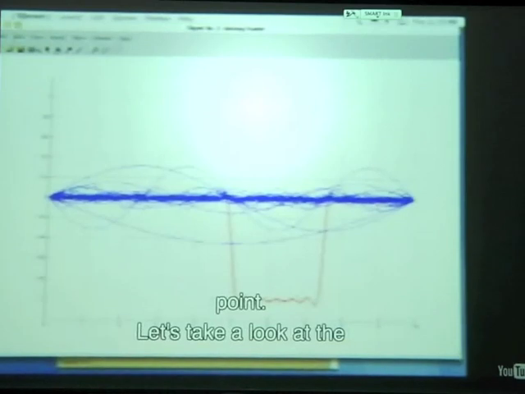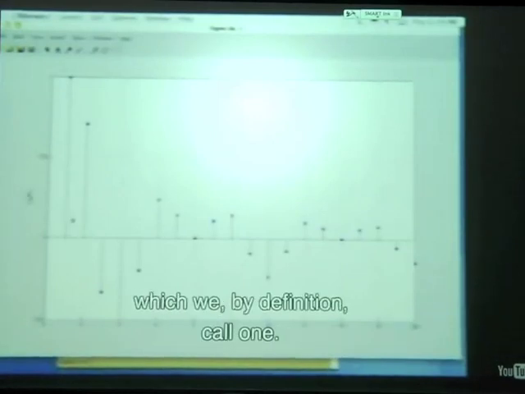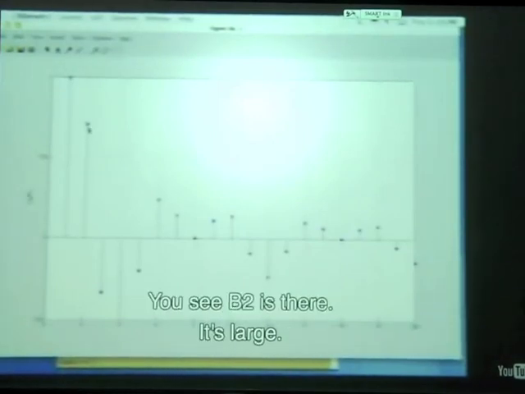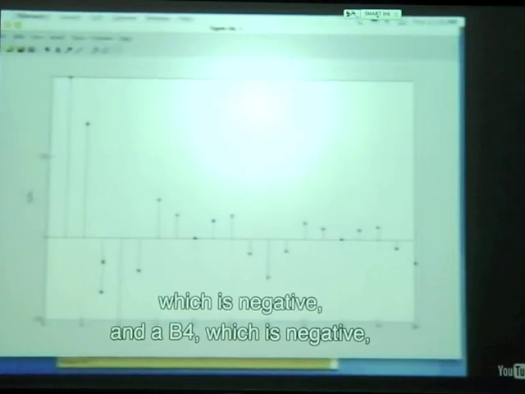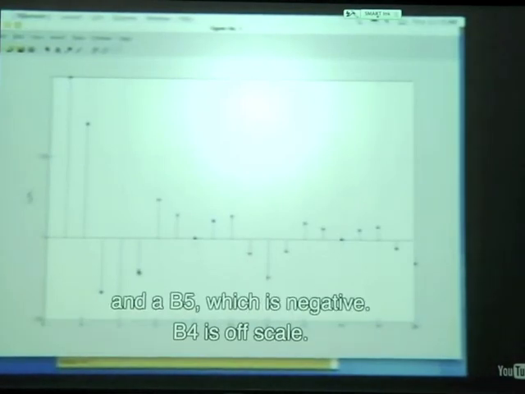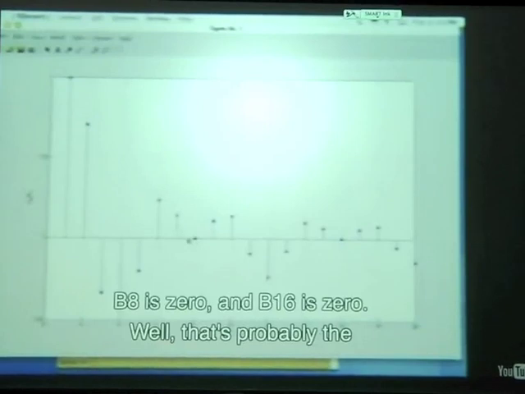Let's take a look at the Fourier spectrum here. Here you see B1, which we by definition call 1. You see B2 is there. It's large. It's a little larger than 0.7. And then you have a B3 which is negative, and a B4 which is negative, and a B5 which is negative. Here B4 is off scale. And now you get B6 positive, B7 positive.